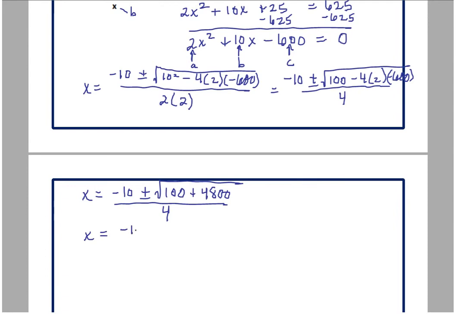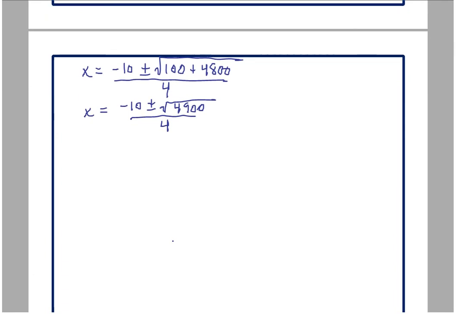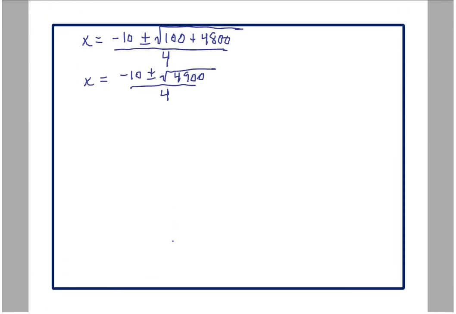So that's negative 10 plus or minus the square root of, and 100 plus 4,800 is 4,900, divided by 4. Okay, let's continue. Let's find the square root of the 4,900.